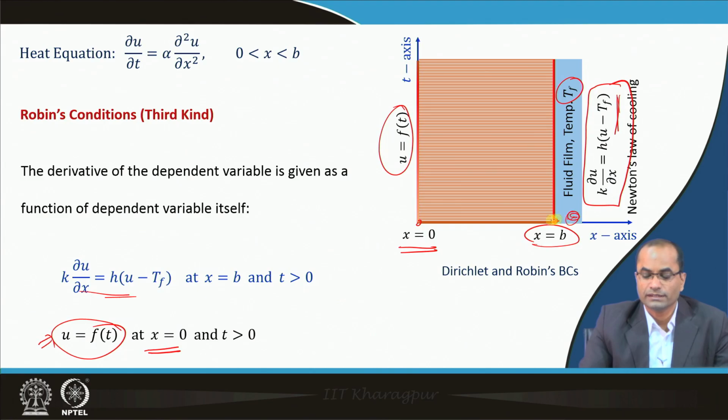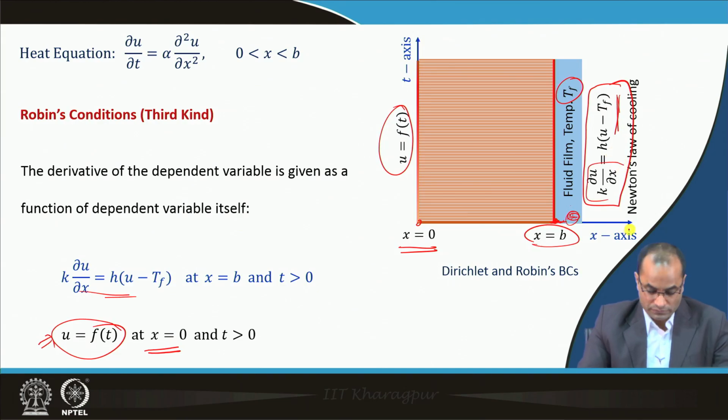So, there is a difference in the temperature at this end. In the earlier problem, this end was kept insulated, but now it is kept in this fluid whose temperature is T f. Then there will be energy flow, a flux: the heat will go from the fluid to the bar or from the bar to the fluid, depending on whose temperature is higher.